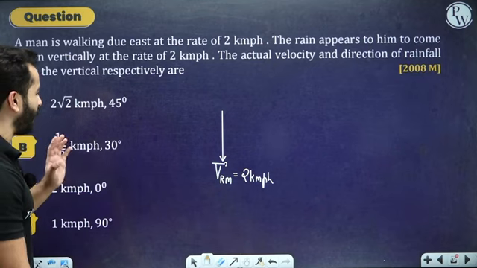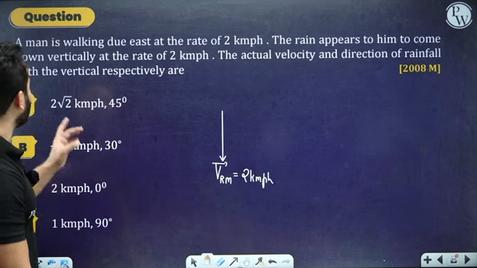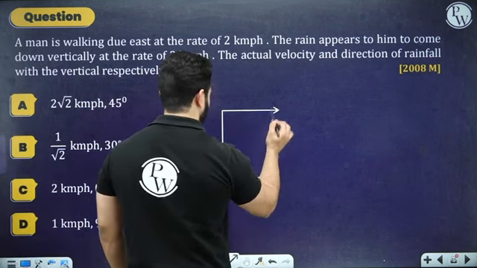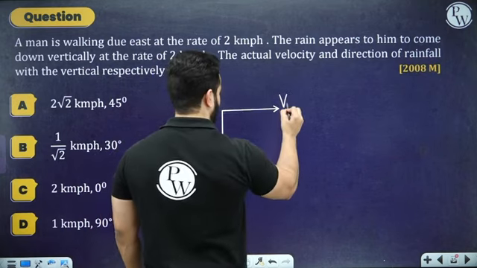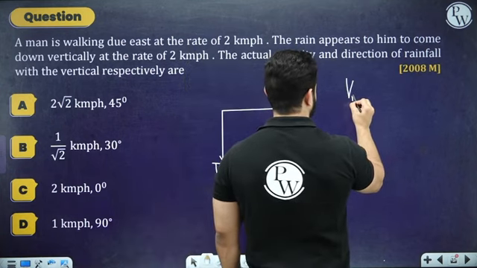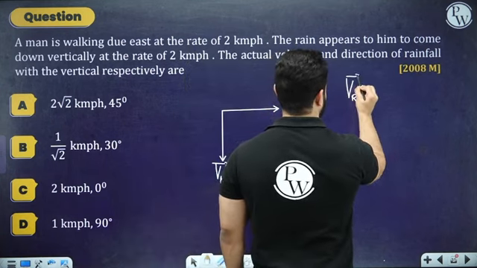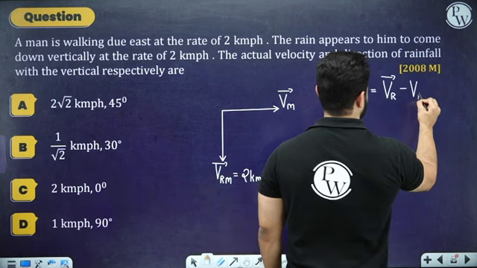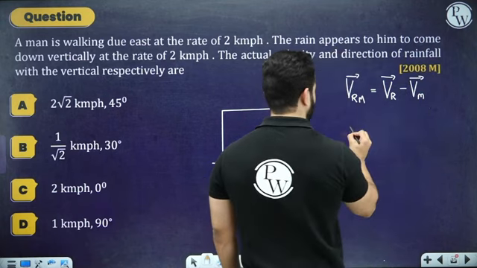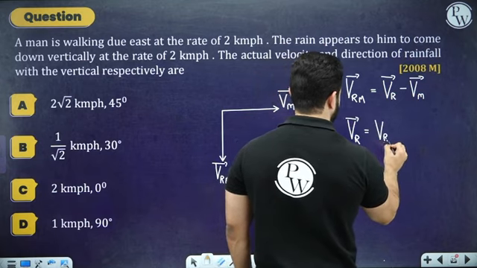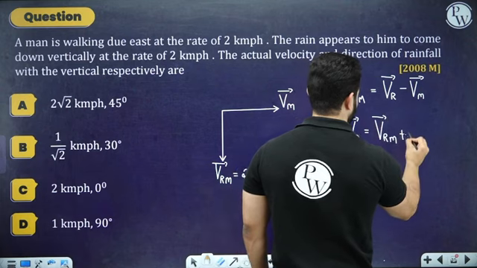We know what VRM is, right? And we know what velocity of man is. So this is velocity of man. And we know that velocity of rain with respect to man is velocity of rain minus velocity of man. And if you want to find out velocity of rain with respect to the ground, all you need to do is just add these two.